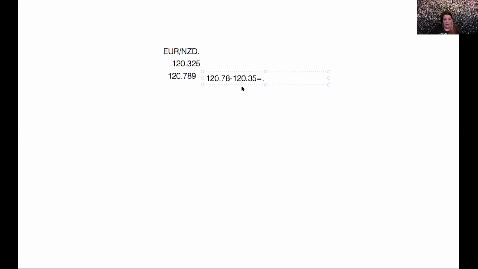If you took this trade and you won this trade, it's going to be a total of 0.43 pips, okay?